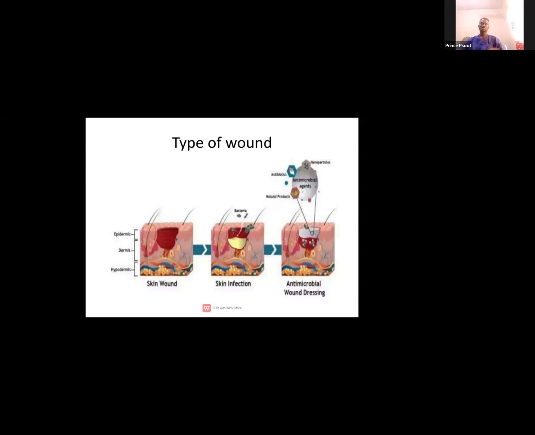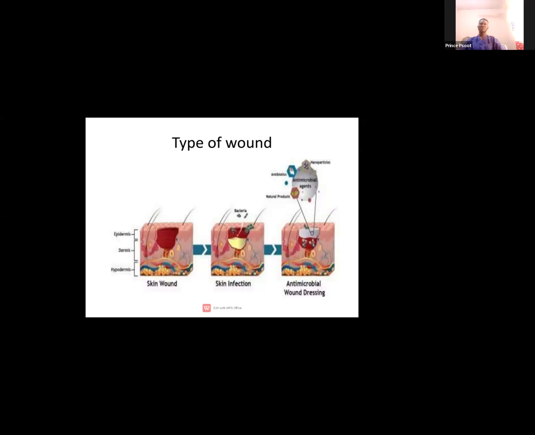Some skin infections result in skin lesions, for example a boil, or what we sometimes call cellulitis in medical terms. That is an infection on the skin which could cause further breakdown of the skin, resulting in a large injury that could spread wide. So those kinds of injury are not to be taken lightly.